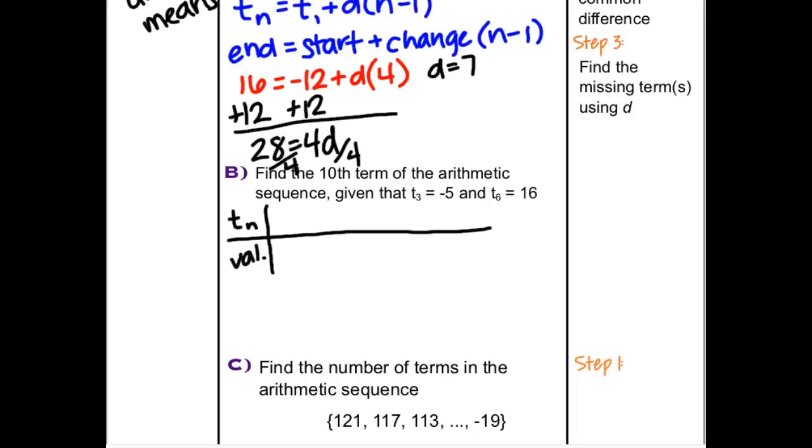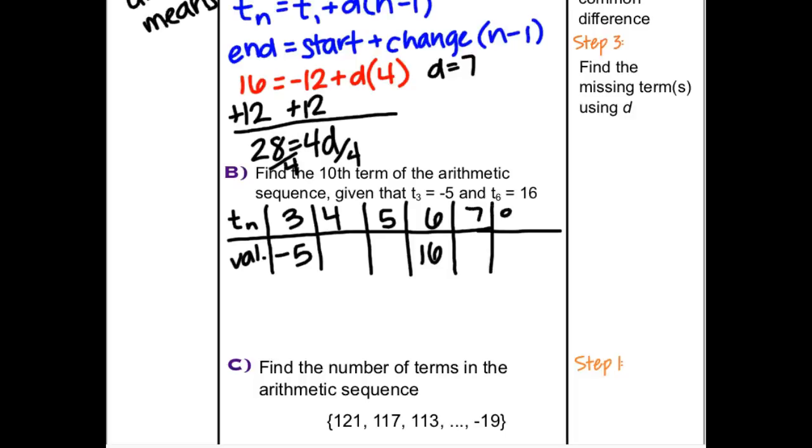So term 3 is -5. Term 4 we don't know. Term 5 we don't know. And term 6 is 16. We also want to make sure we establish 7, 8, 9, 10, because this is what we're actually ending up trying to find.